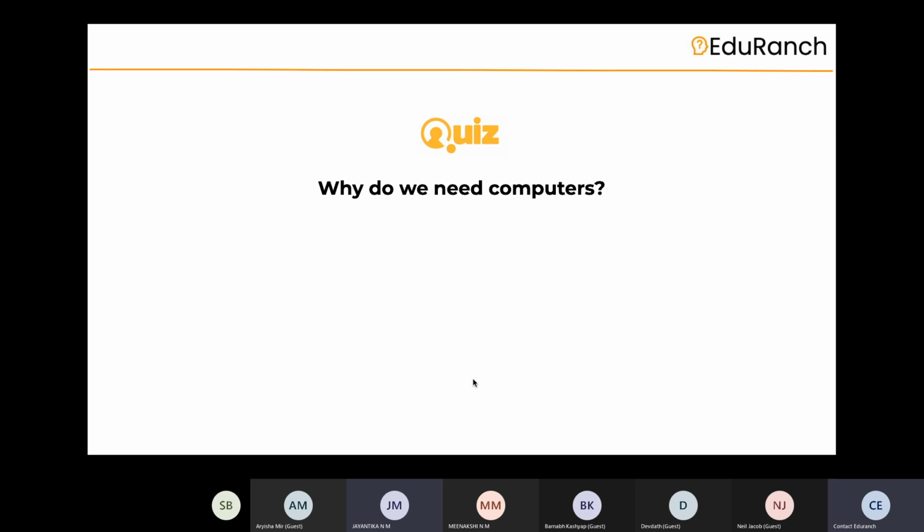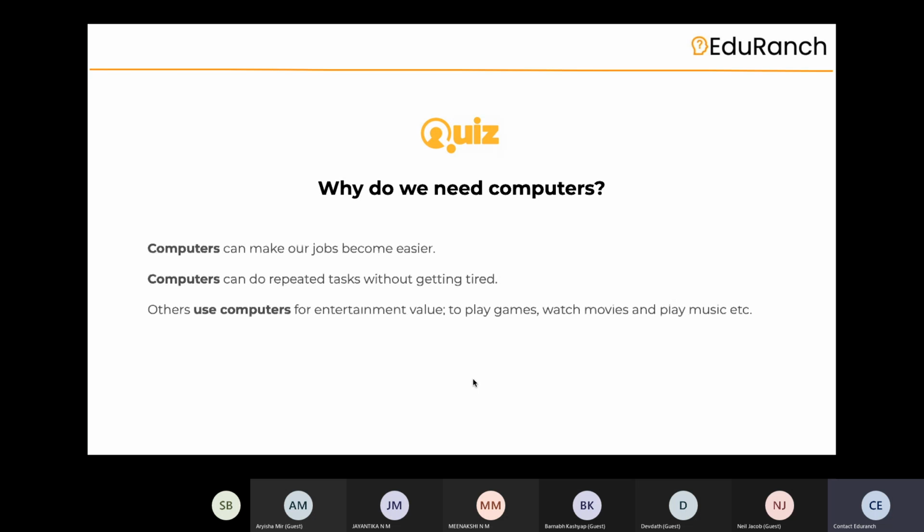Excellent. See, computers are machines. They are physical things. First of all, they can do things faster. You are absolutely right. And also, they do jobs which humans get tired doing, right? Say if you do the same thing for the whole day for say 6 to 8 hours, will you keep doing continuously for the ninth hour? No, right? You'll get tired, you'll get bored because you need rest and you cannot do it continuously.